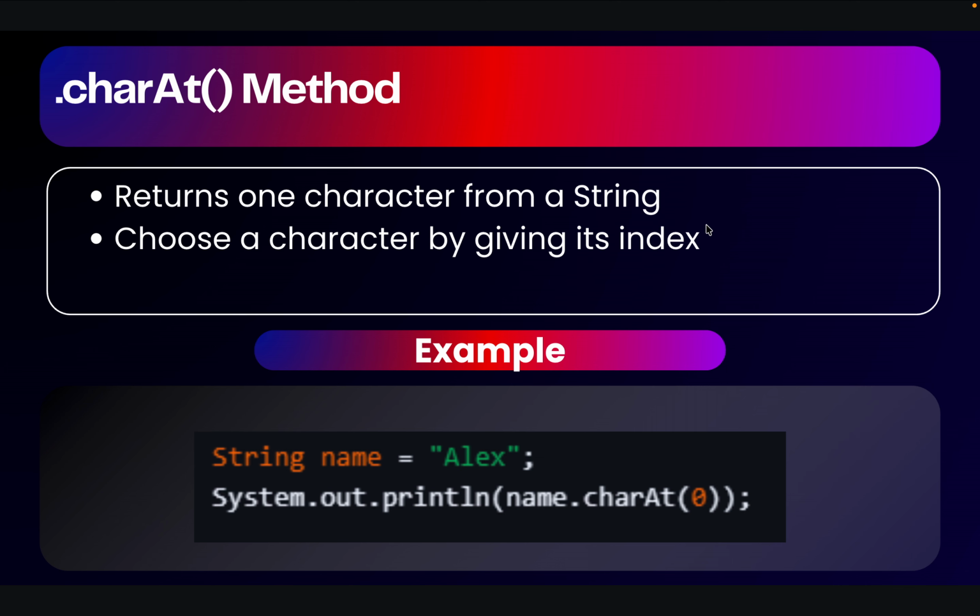So basically this is saying that we want to print out the character that is at the 0 index of the variable name, and in this case it is A. So if there is a situation where you want to either check the character at a certain position or see a character at a certain position, then this is one that could be useful to you.